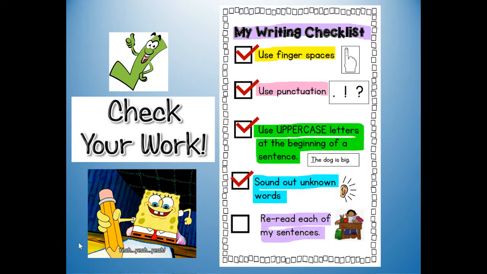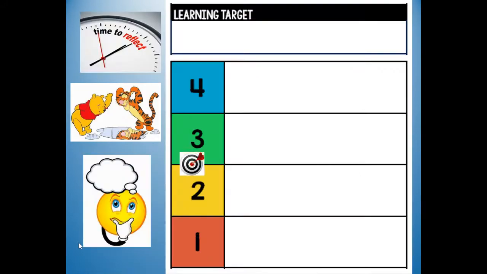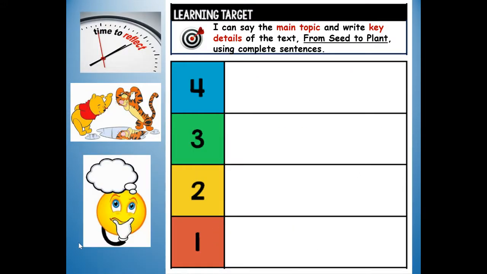And then my favorite, go back and reread each of your sentences to make sure that you didn't leave something out, or if you wrote words that didn't make sense, to change them. This is your time to push pause and check your 3 sentences that you wrote. And when you're done checking using the checklist, push play.